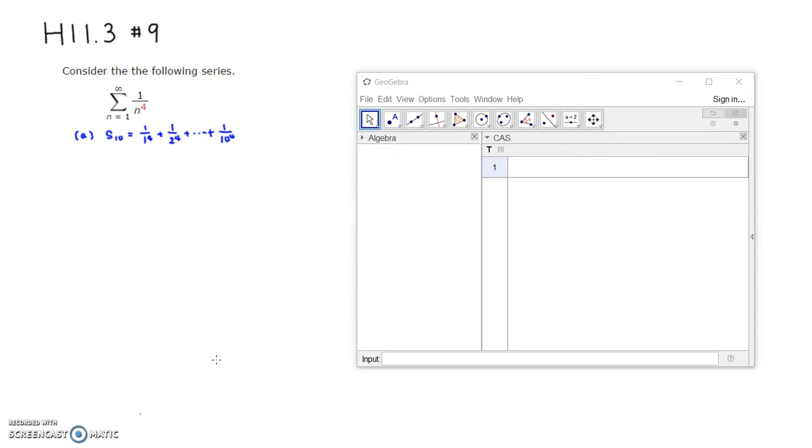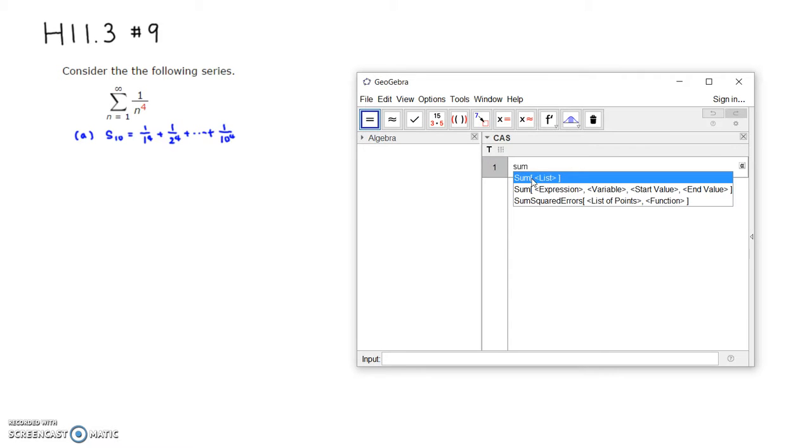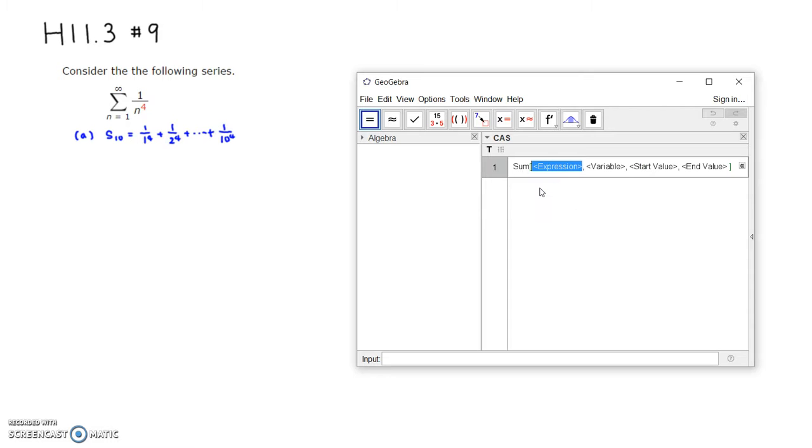There's a function called Sum, so I'm going to use that. I'm going to put in the expression 1 over n to the 4th power. The variable is n, starting from 1, and the end value is 10, since it's S10, and hit enter.